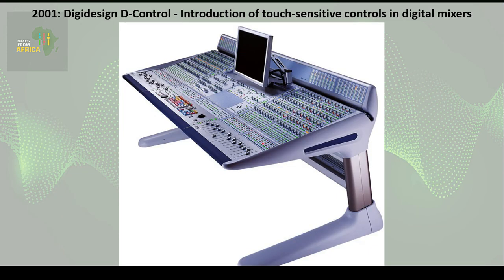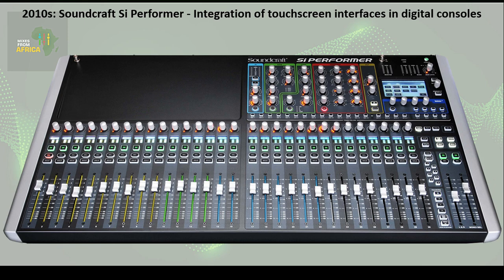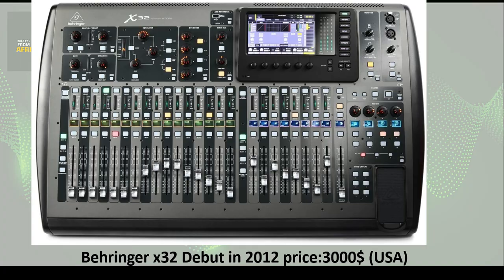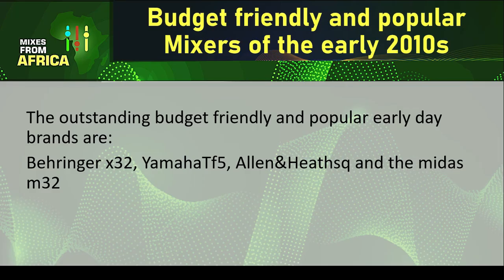In 2010, the Soundcraft Si Performer was among the very first digital mixers to integrate a touchscreen interface. As we began to reach the 2010s, prices began to fall and technology began to really shine in the world of audio mixing.